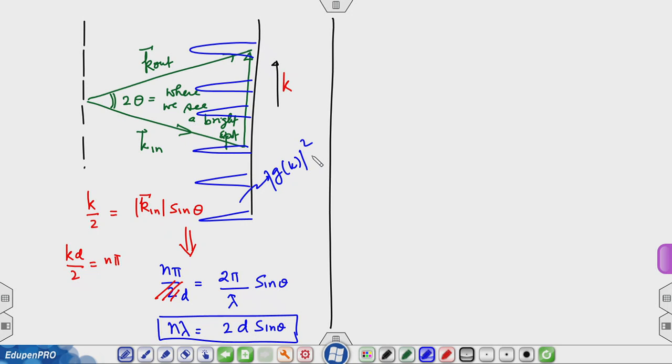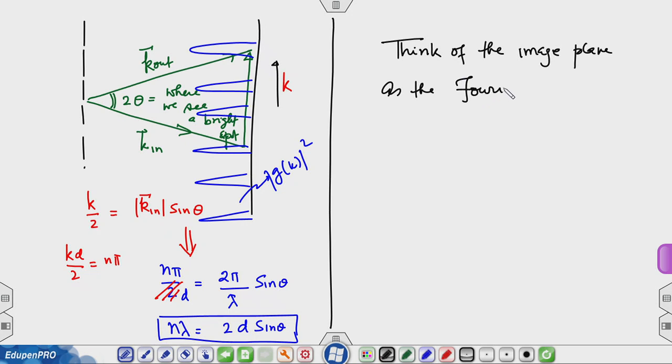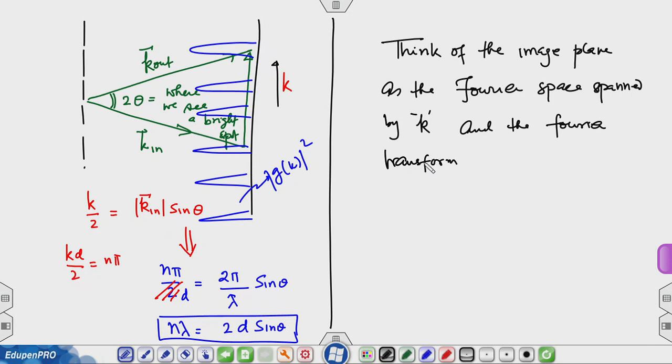So, this gives us a way of looking at the diffraction pattern, and this tells you to think of the image plane as the Fourier space spanned by k vectors, and the Fourier transform of the scatterers gives the spots here on the image plane.